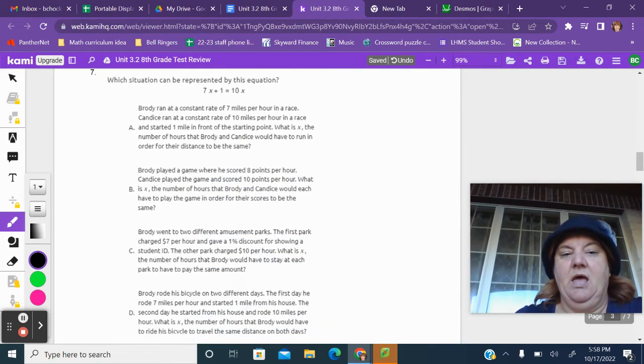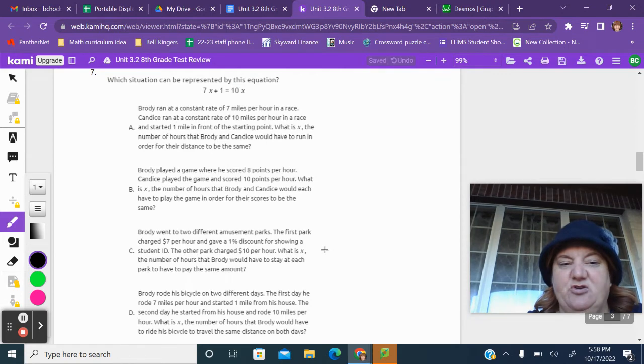Here's another one. You kind of just read it like this first one. It says a constant rate, 7 miles. Okay, that's good. Ran 10 miles, okay, per hour. So there's your X. But then it says that in a race and started at the 1 mile. So Candace started at the 1 mile.